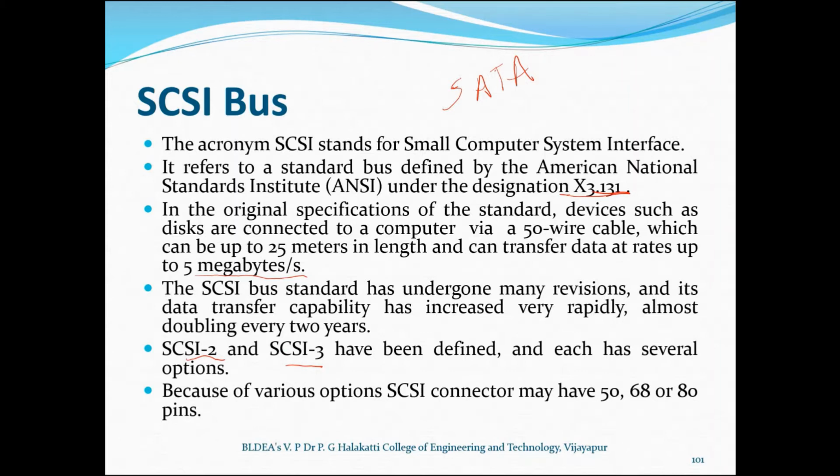Because of the various options, the SCSI connector may have up to 50, 68 or 80 pins. So the maximum transfer rate ranges from 5 Mbps to 320 Mbps.